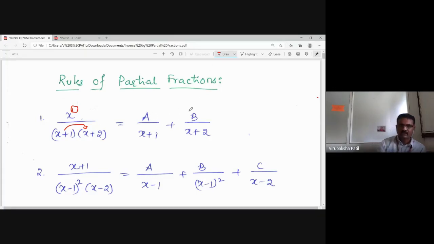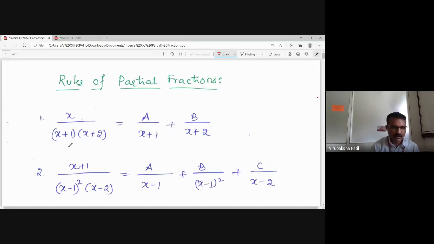For that, the condition is, in other words, the denominator factors are linear factors, non-repeated linear factors. Linear means its factor power is 1. If the power is 1, we call that a linear factor.